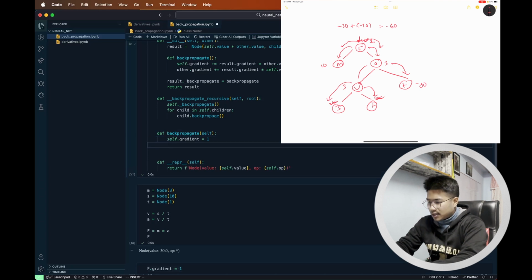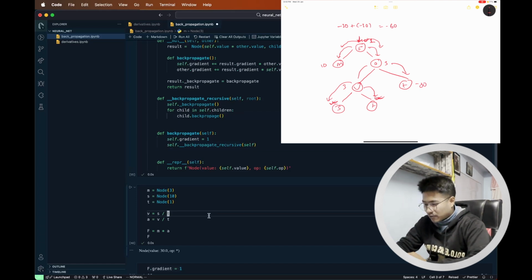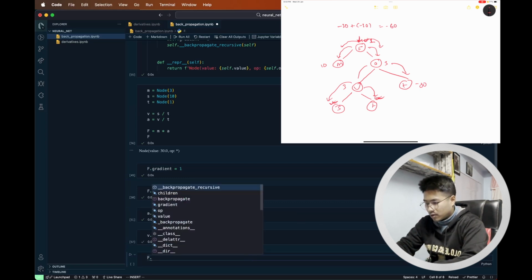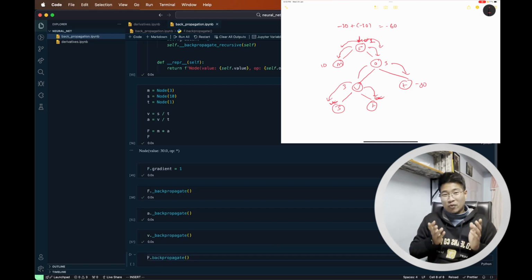So I say self.backpropagate recursive and use self as the node. I think that should work. Not sure, so let's test it out. I don't need to do this anymore. I can just come over here and say f.backpropagate, and this should more or less work.